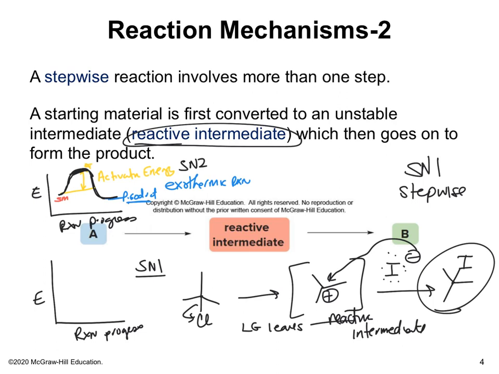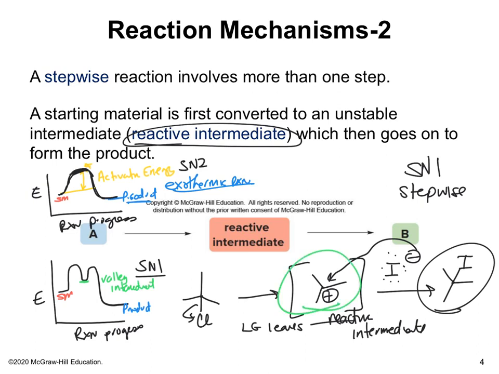For an SN1, you've got two steps, so you might have something like that, where once again, this would be your starting material. This would be your product. Since product is lower, this is also an exothermic reaction. But now you have this valley, and in this valley is your intermediate.